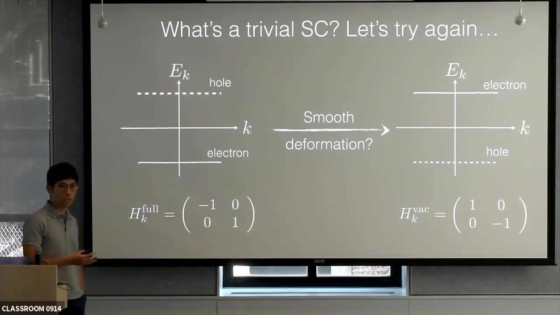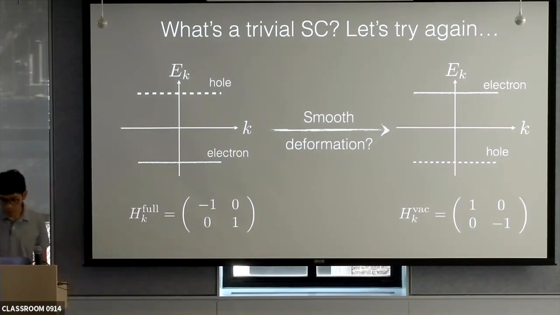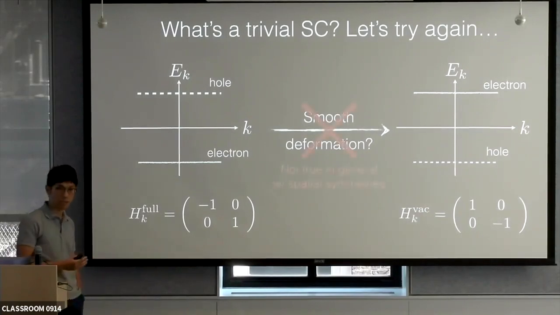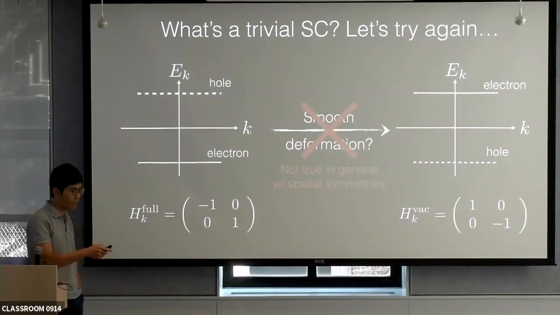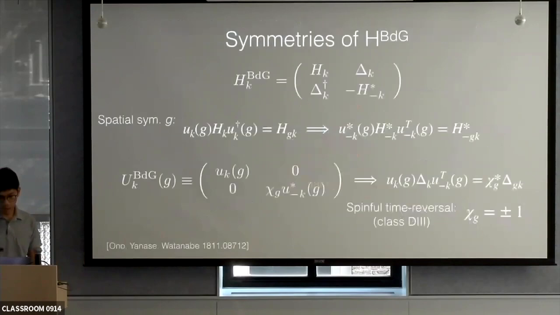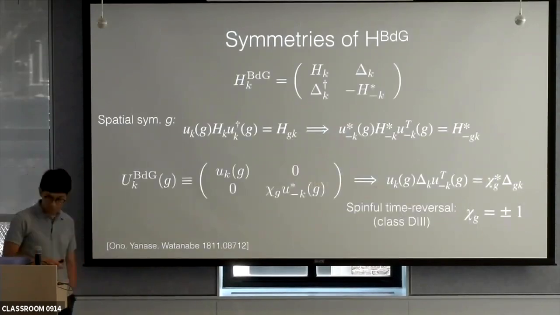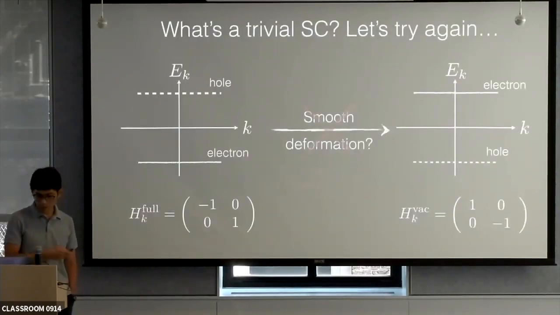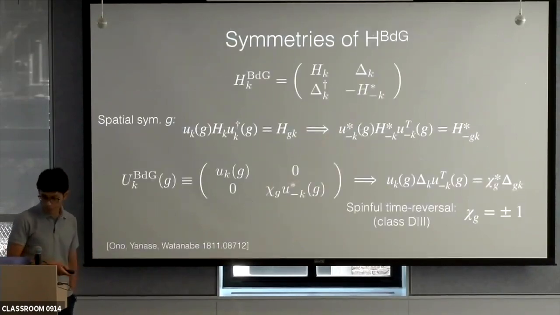So if you just have internal symmetries, you can smoothly deform left and right between each other. But in general, once you have some spatial symmetries, this is actually not doable generically. So maybe these really trivial states, if I take the previous definition of deformation to vacuum, will look non-trivial. So again, this is not the perfect definition for my purpose. And to see why there could be such obstructions for smooth deformation because of spatial symmetries, I will have to show some slightly complicated formulas.